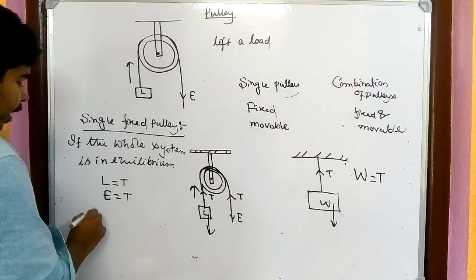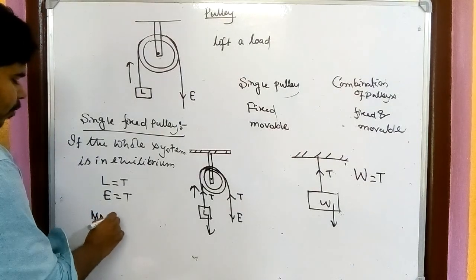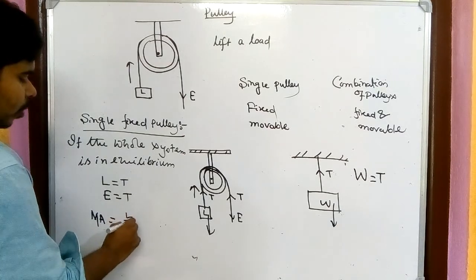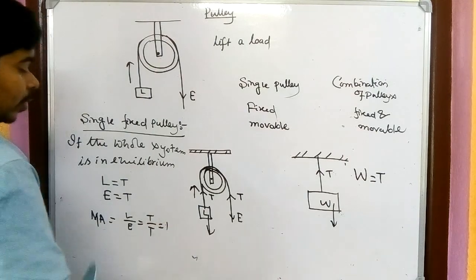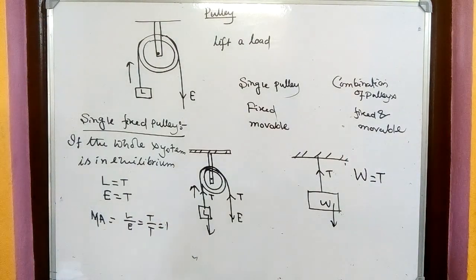Then the mechanical advantage, if I want to find it, is load by effort, T by T, that is 1. Mechanical advantage is 1. When is this possible? Here we are assuming that whatever effort I give, the whole effort is utilized to lift the load.